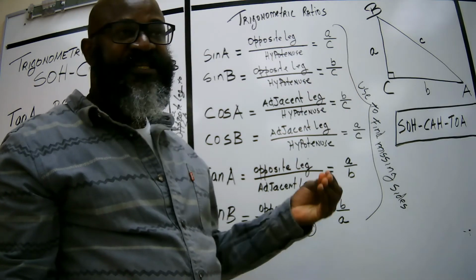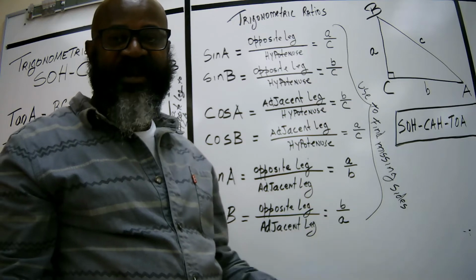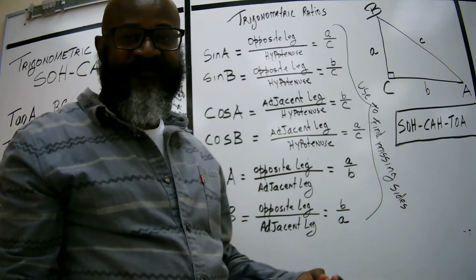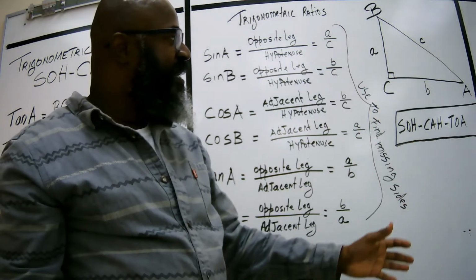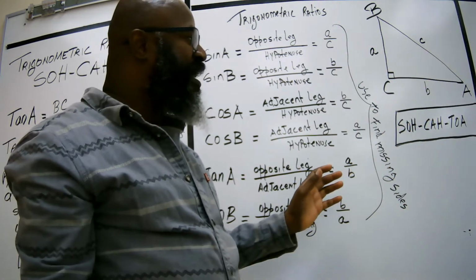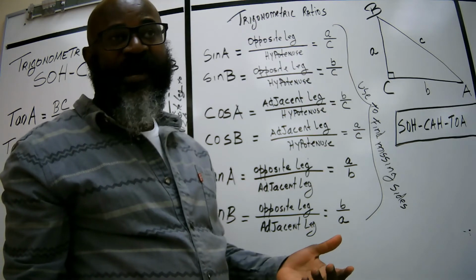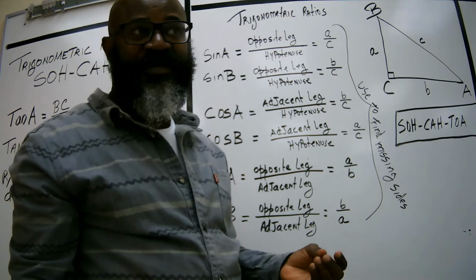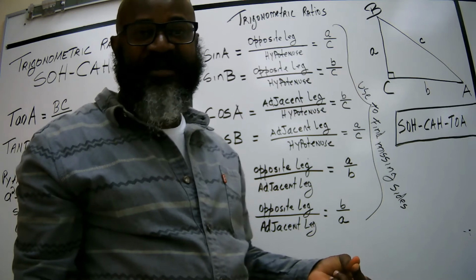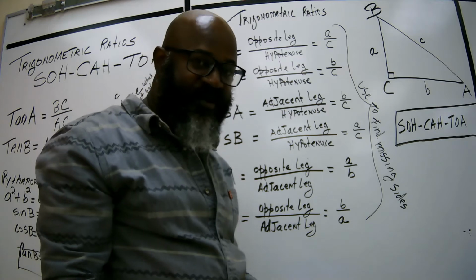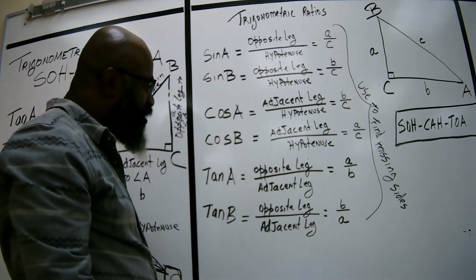The lengths are expressed in units of measurement like inches, centimeters, or feet. Those are the sides of the triangle. Mostly you're going to find angles in degrees. Other than that, they will be in radians, which is something that we will touch on.